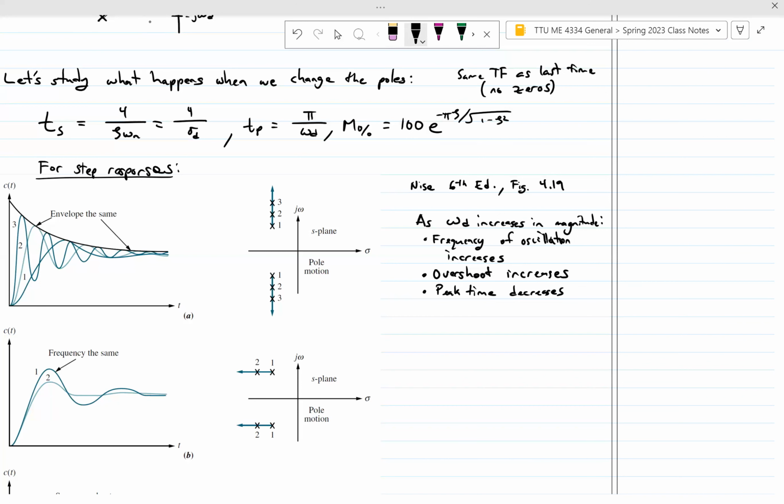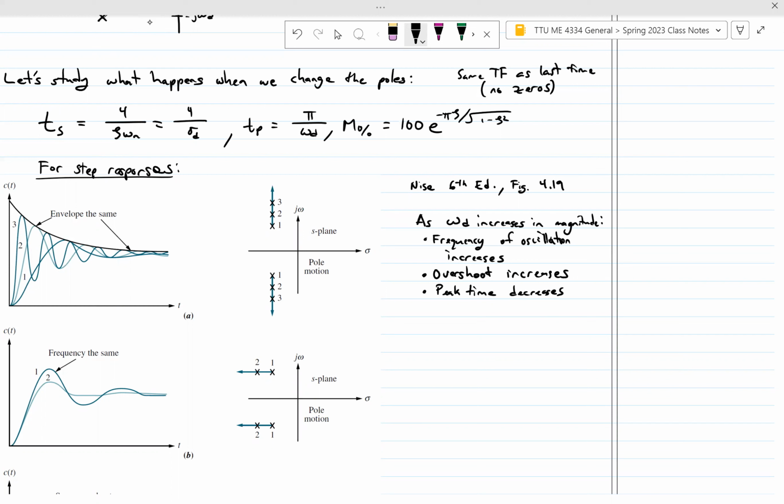What parameter up there describes steady state or relates to it? Settling time, right? So what happens to settling time in this case?